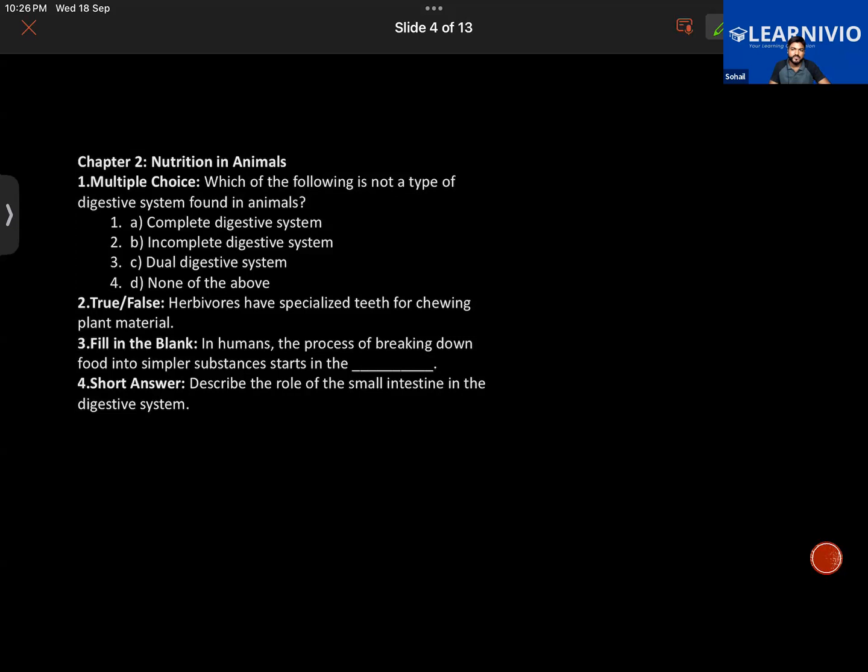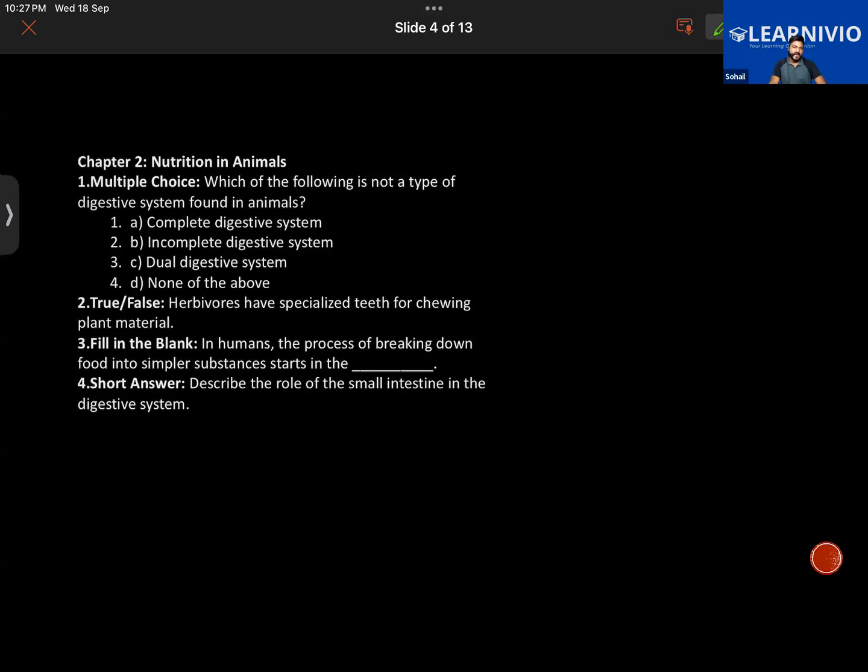The intestines. Small intestine. Not the stomach. It's the small intestine. The small intestine is the site of complete digestion in the human body.